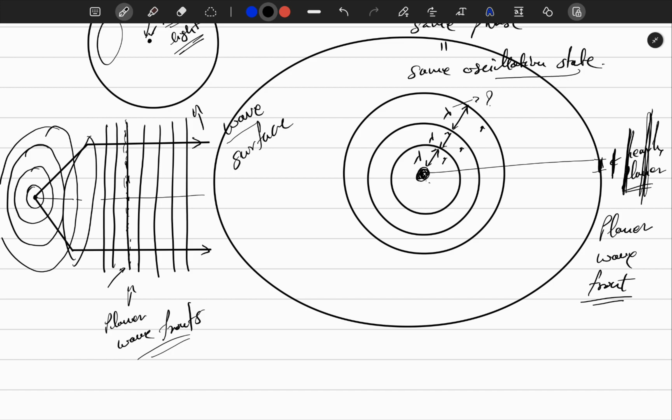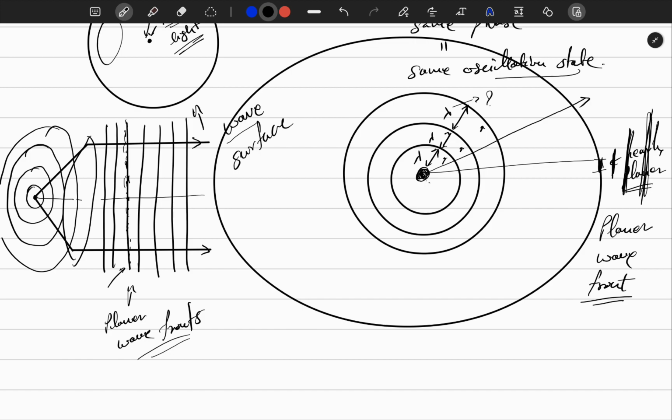It is sometimes more convenient to describe wave propagation in terms of rays instead of wavefronts. What is a ray? It is a line drawn perpendicular to the wavefront. So this is the wavefront, and the line that is perpendicular to the wavefront is called a ray.